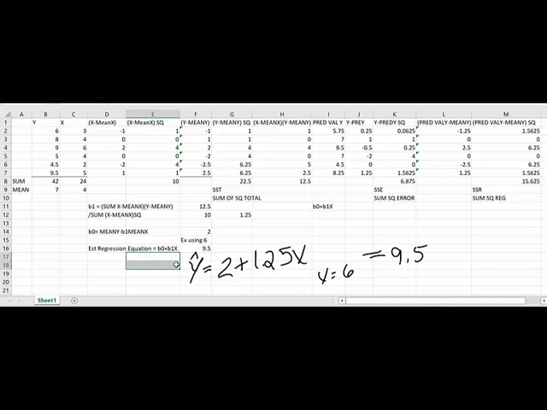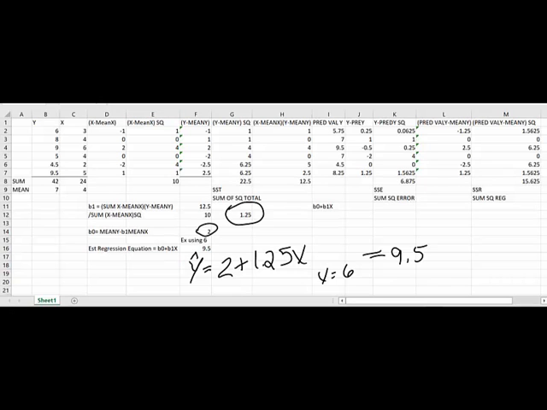Okay, a few other things that I want to go over with you because you'll need this for the rest of your homework to be able to complete it, is these other couple columns down here that we need to look at. The first column that we want to look at is the predicted value of y.